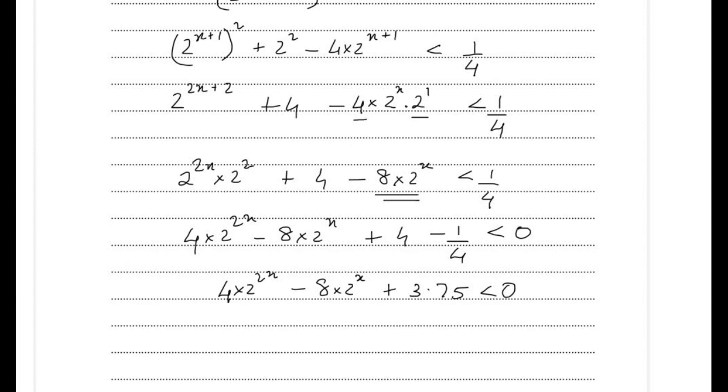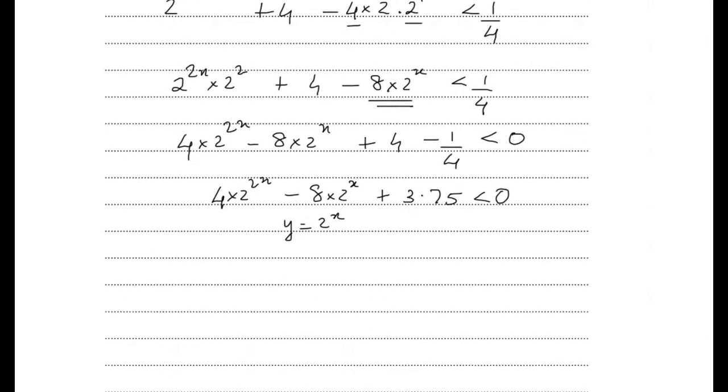This is actually a quadratic inequality. So if I take y equal to 2^x, I get 4y squared minus 8y plus 3.75 less than or equal to 0.